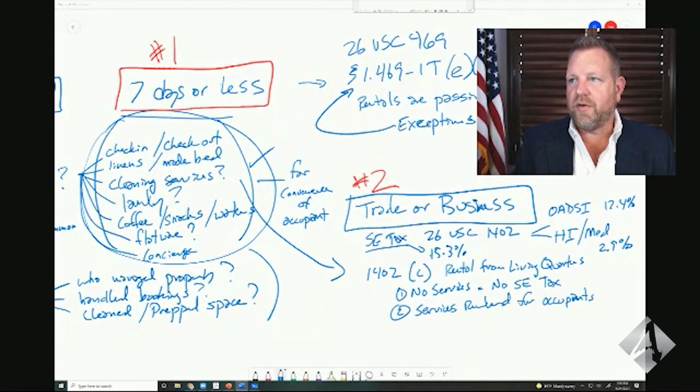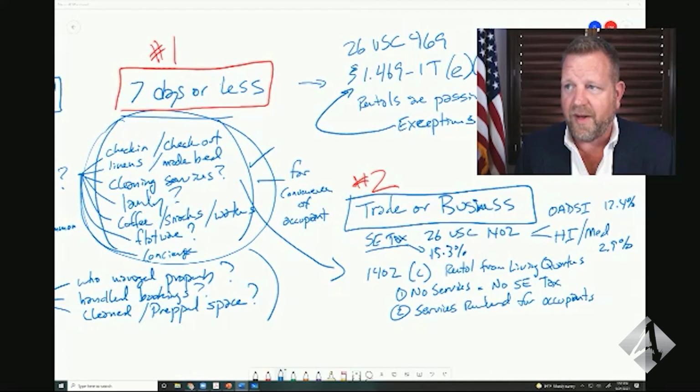Payments for the use or occupancy of rooms or other space where services are also rendered to the occupant, such as for the use of occupancy of rooms or other quarters in hotels, boarding houses, or apartment houses furnishing hotel services, or tourist camps or tourist homes, or payments for the occupancy of space in parking lots, warehouses, storages, garages, do not constitute rentals from real estate. Consequently, such payments are included in determining net earnings from self-employment.